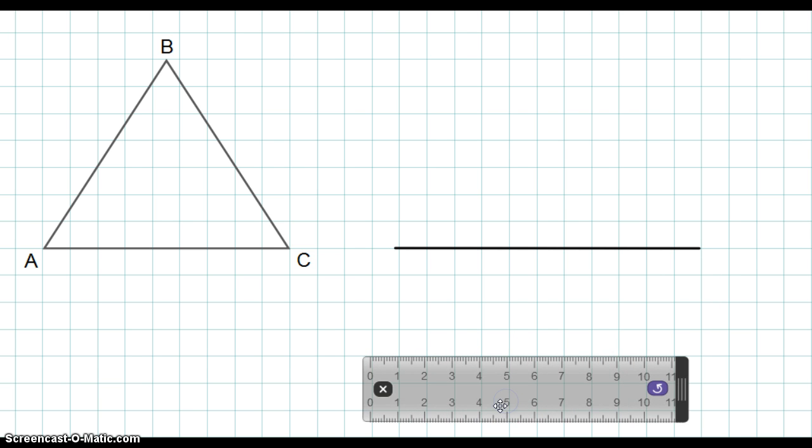And if you remember, the next thing we did with the other 2 ways was we measured the side length of one of the sides of the original triangle. So I'm going to go with side AC again.